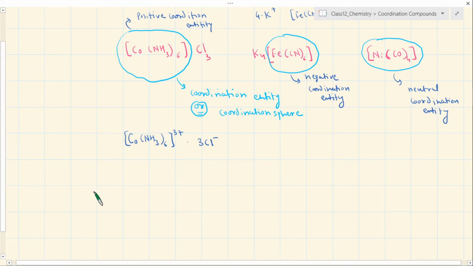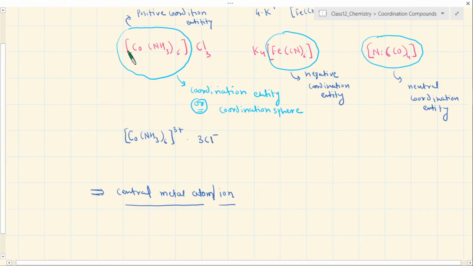Now in all of these complex compounds, there is something called the central metal atom, or it could be an ion also. If you look at here, cobalt, which is a metal ion here, because we will see why we are calling this a metal ion. If you calculate the oxidation number of cobalt here, in the first example, the central metal atom, which is part of this coordination entity, its oxidation number you can calculate very easily.